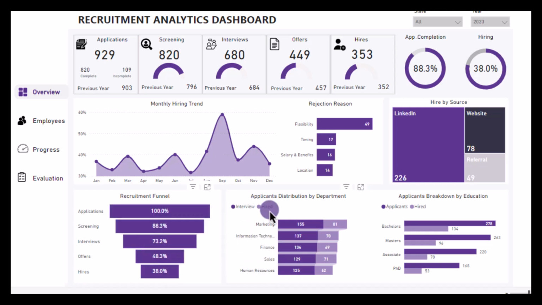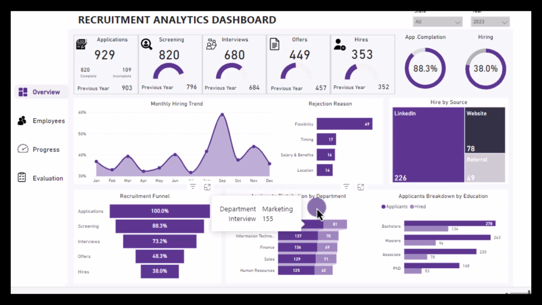Moving forward, we have another visual which is applicants distribution by department. It is a bar chart comparing the number of applicants versus the number of hires in various departments such as marketing, technology, finance, and sales.